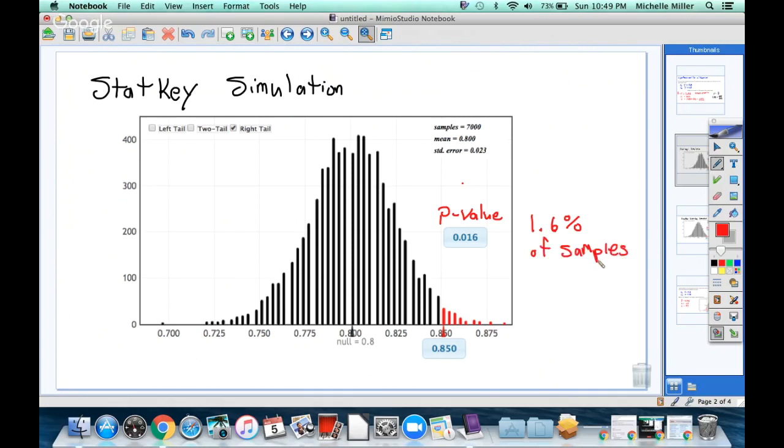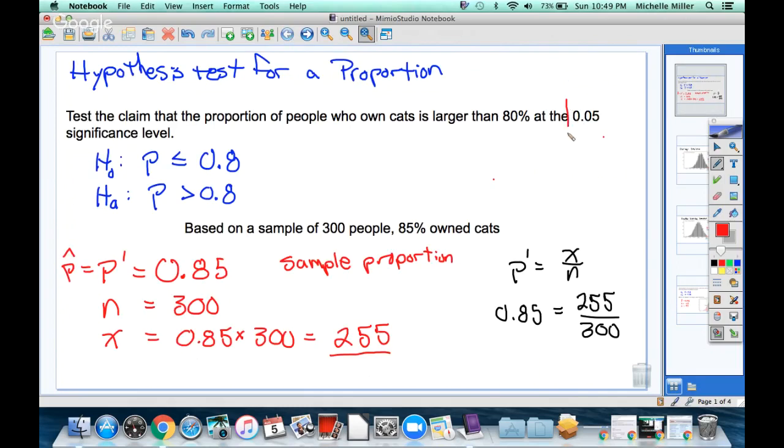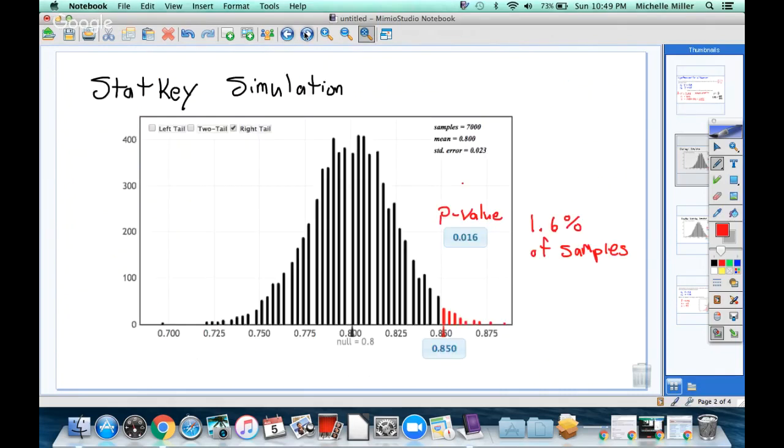So is it unusual to find 85% or more when you're expecting 80%? If it happens around 1% of the time, that's kind of unusual. My threshold for what unusual means is 5%. So I'm under the 5% threshold, so I would say yes, this is unusual. I do have sufficient evidence, so I'm going to reject the null here.